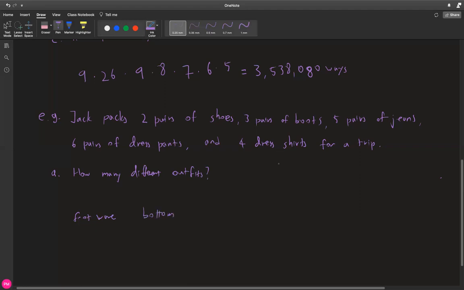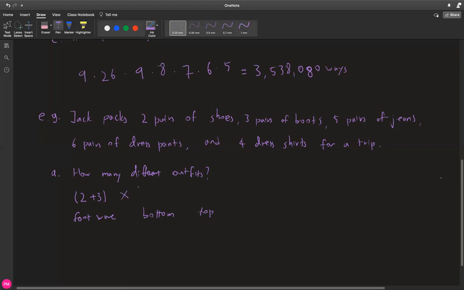And we also have the top. So for the footwear, we have 2 pairs of shoes and 3 pairs of boots, so 2 plus 3, that's 5.